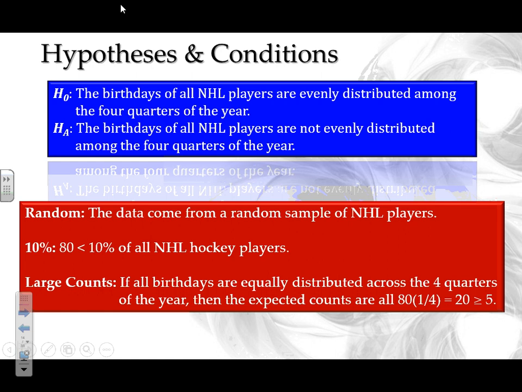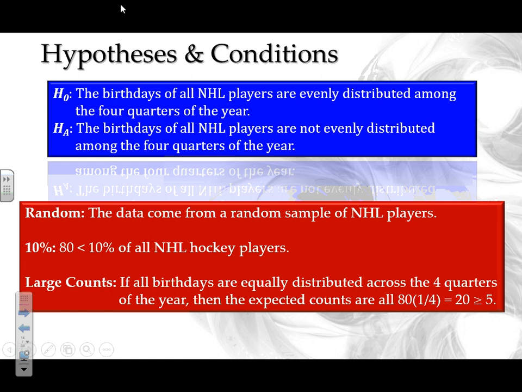So if we have an equal distribution across the 4 quarters, then that means each of the quarters should have the same amount of players born within that 3-month period. So if we had our sample size of 80, if it's evenly distributed, there should be a quarter of the players born in quarter 1, a quarter in quarter 2, and so on. So we take 80 times 1/4, all of our expected counts would be 20. Does everyone understand that?